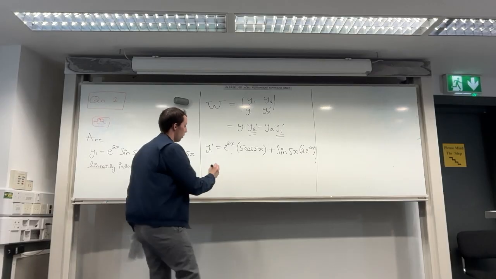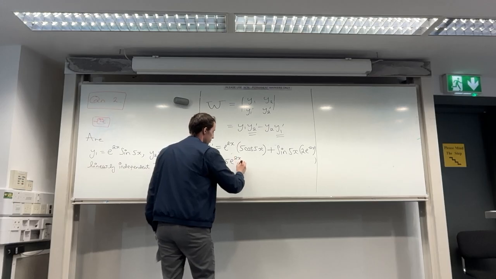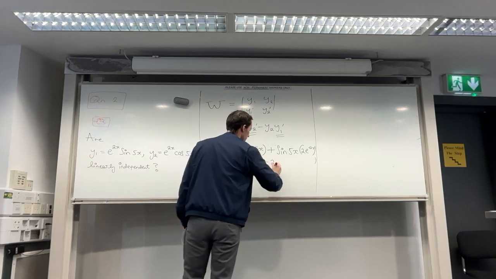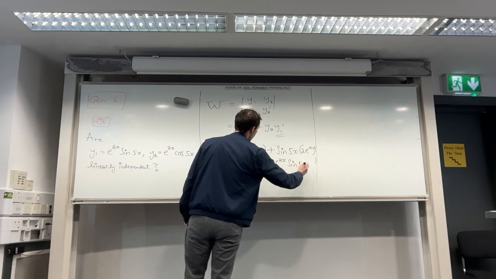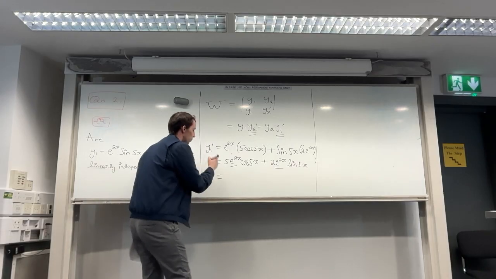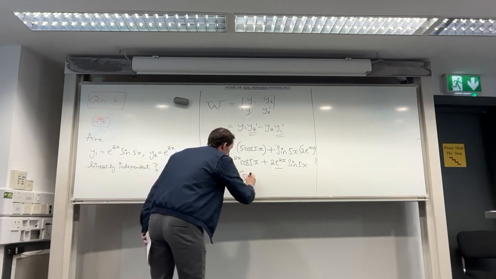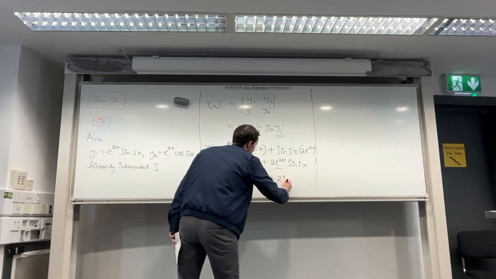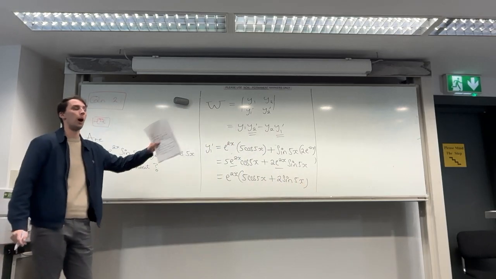Multiplying this out, we get 5e to the 2x cosine of 5x plus 2e to the 2x sine of 5x. Now we can factor out the common e to the 2x. So y1 prime is equal to e to the 2x times (5 cosine of 5x plus 2 sine of 5x).